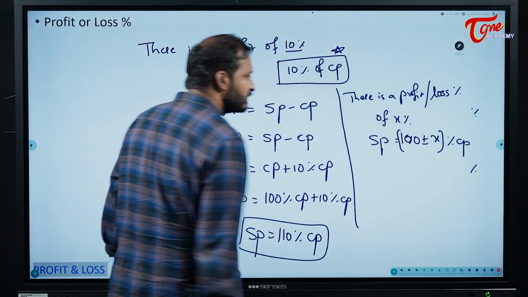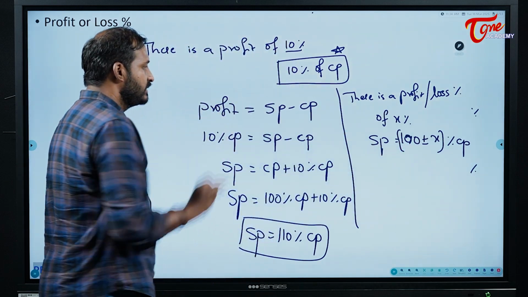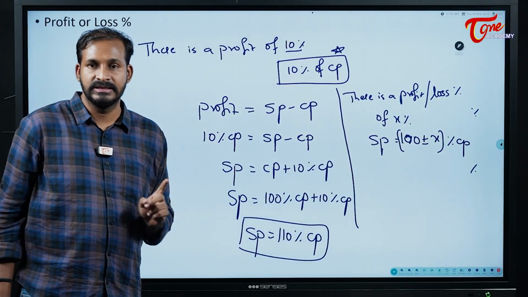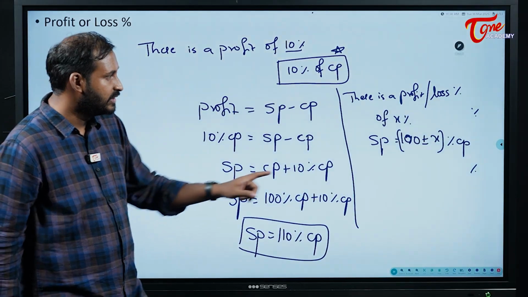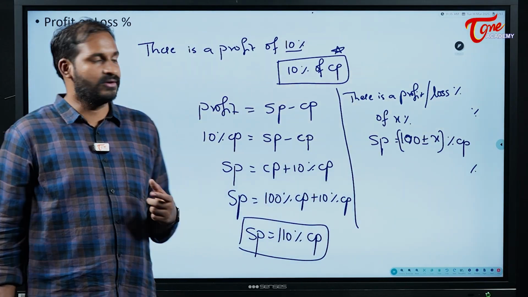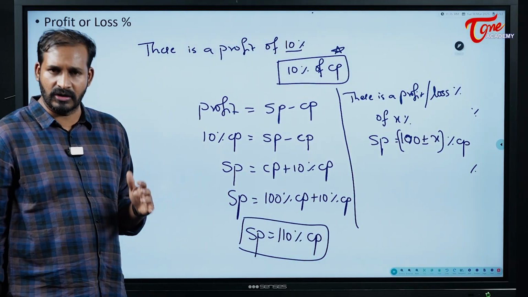Why have I taken 100 plus or minus X percentage of CP? See here, in this case 10% is the profit, so I have taken 100 plus 10%, that is 110%. When we take minus, it means there is a loss. Similarly, in the same manner you can find the loss also.